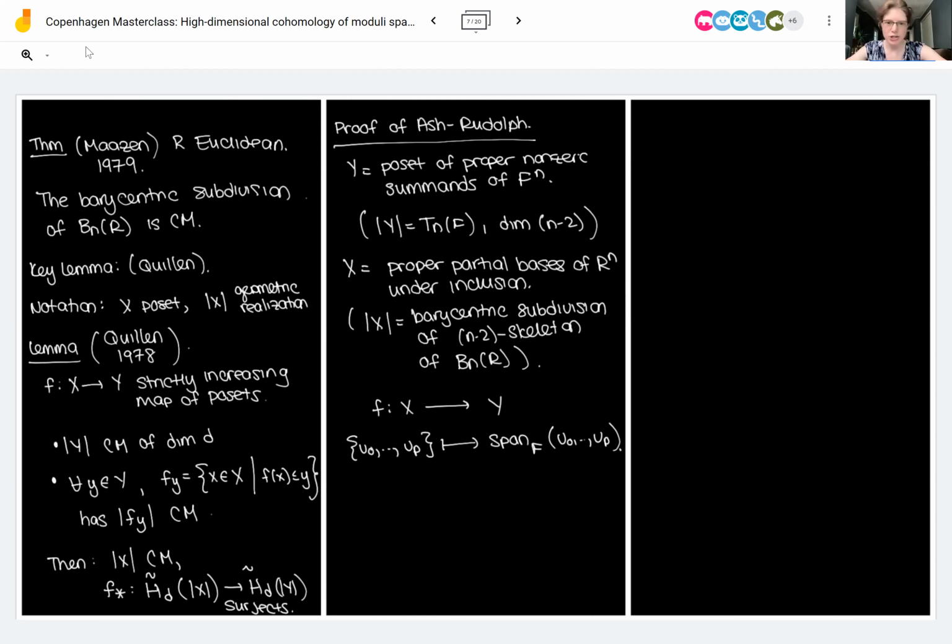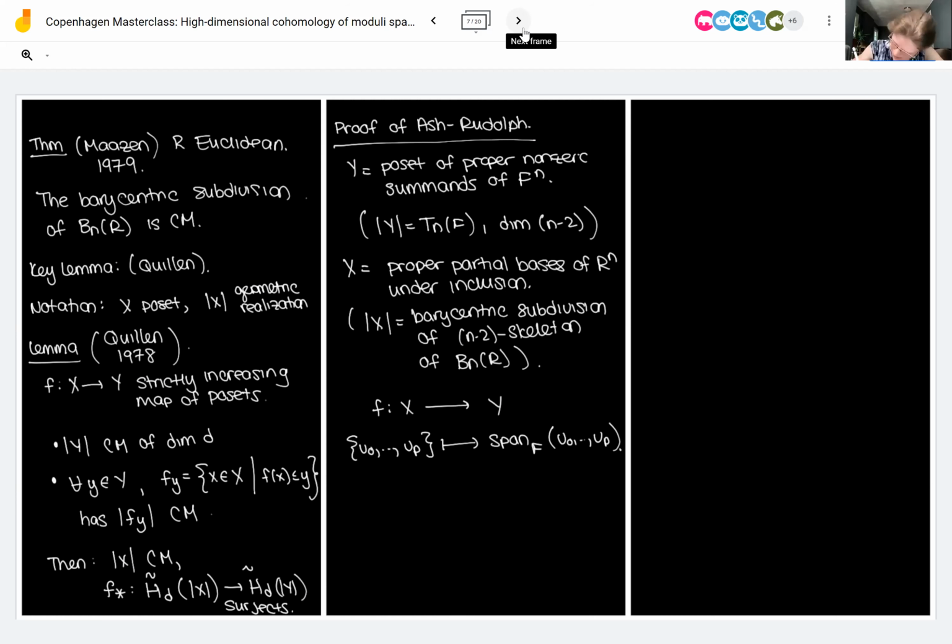So we've got two things left to do. One is we need to check the hypotheses of the lemma to make sure it applies. And then we need to work out why surjectivity of this map completes the proof for us.